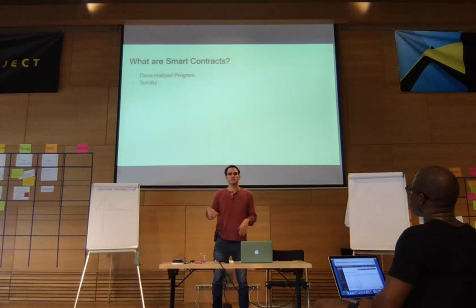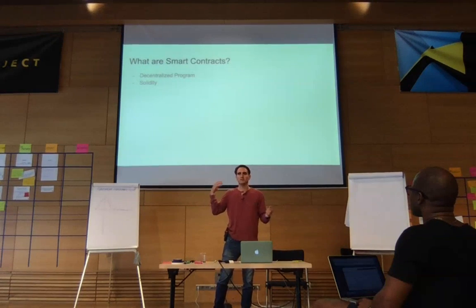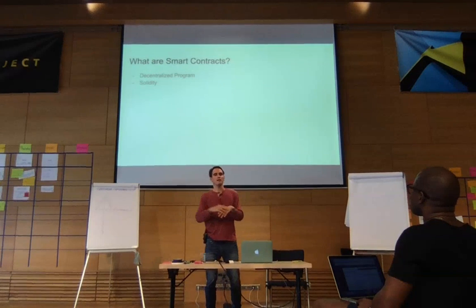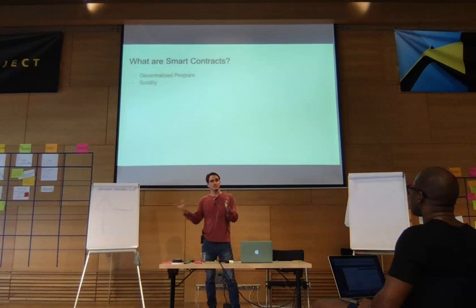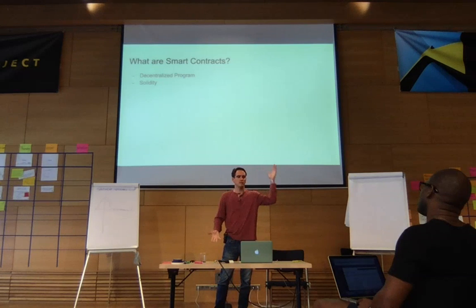Because if it was free or too cheap, those that are against the idea of the Ethereum blockchain could just spam it and have these denial of service attacks. So that's the constraint you have, but not in terms of the program itself.